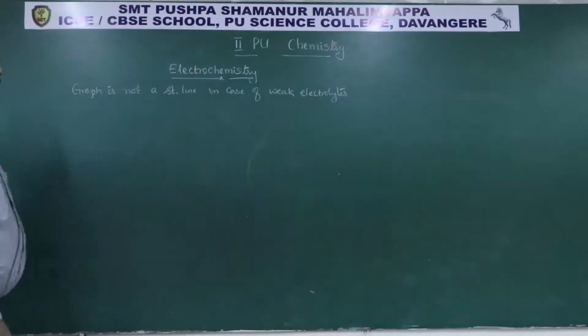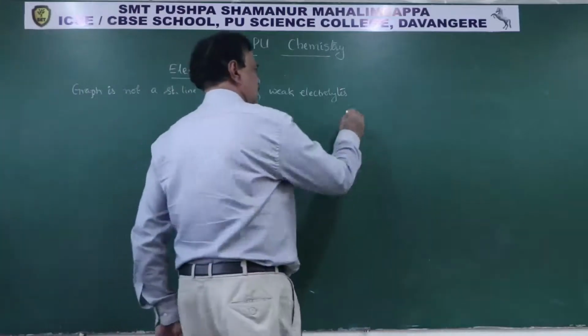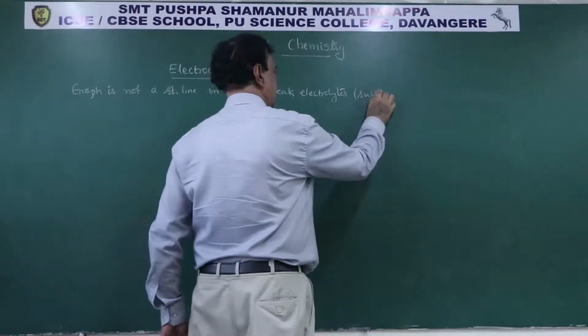The graph is not a straight line in the case of weak electrolytes such as acetic acid.